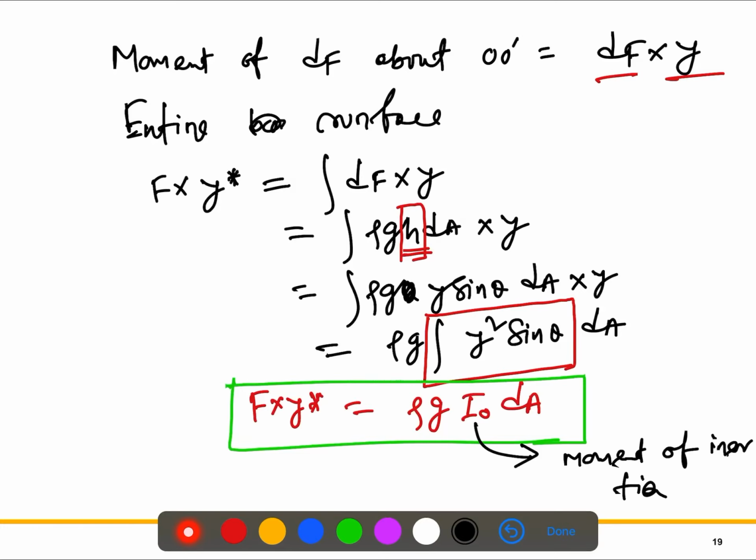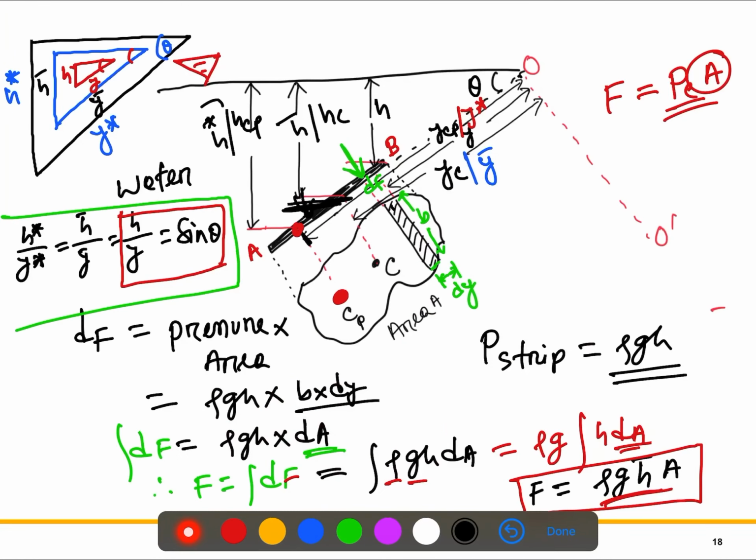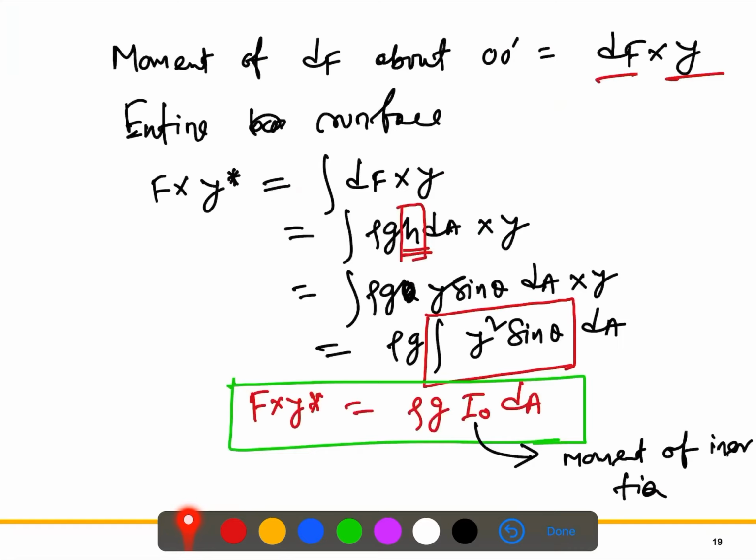Now we have got the F. We are actually looking for this y dash. So far we have got F y dash equal to rho g I naught. Right, so now we will write it down. Then this y star will be just rho g I naught over F, right?